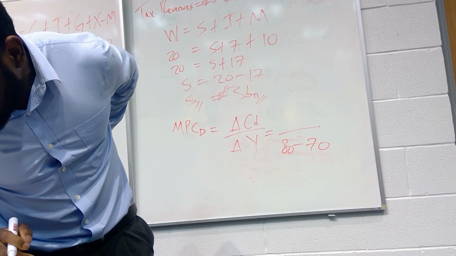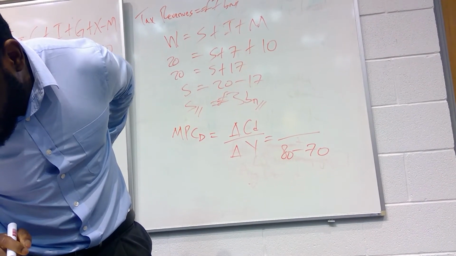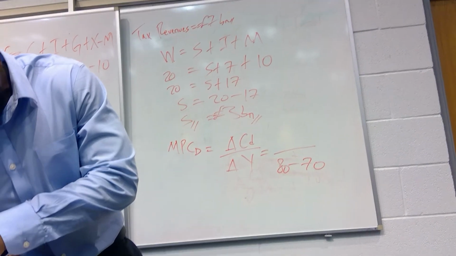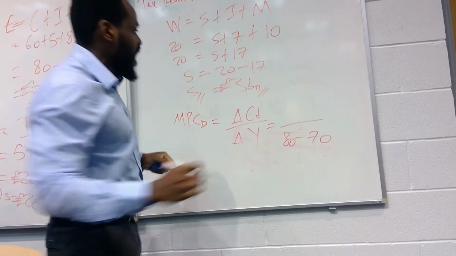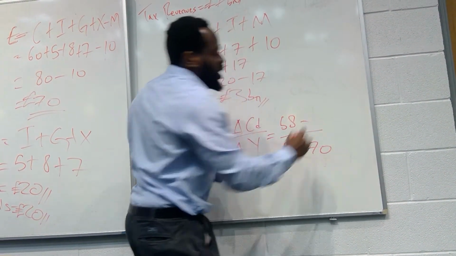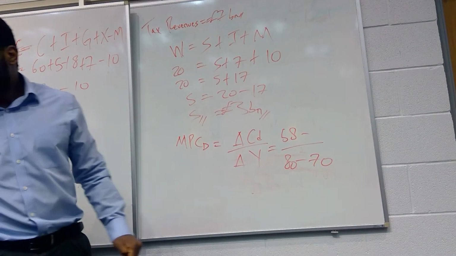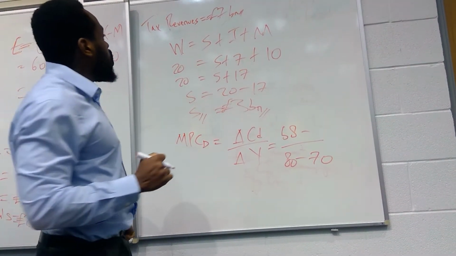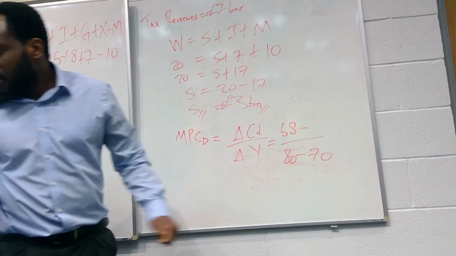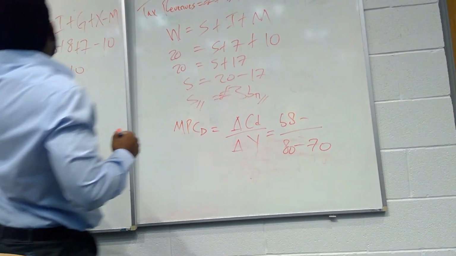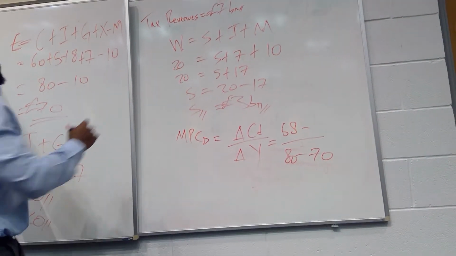We said consumption of domestic goods has risen to 58. So we know it's 58. But what was it before? So before, our consumption was 60 minus imports. 60 minus 10, right? So this was our former consumption.